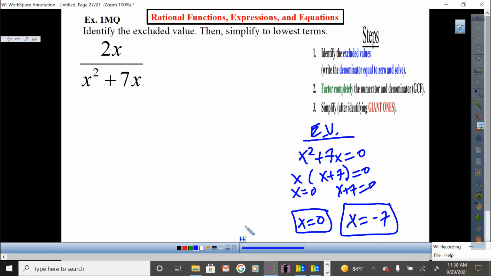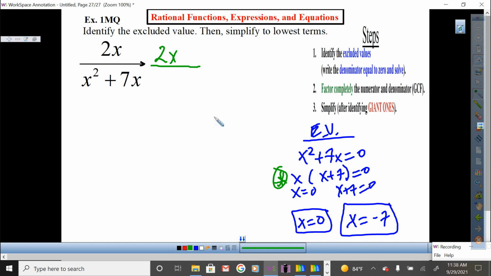Okay, so far so good. Let's simplify. Christian, can we factor the numerator anymore? No, so it's 2 times x, okay. How about the denominator? Yes, which is already here.